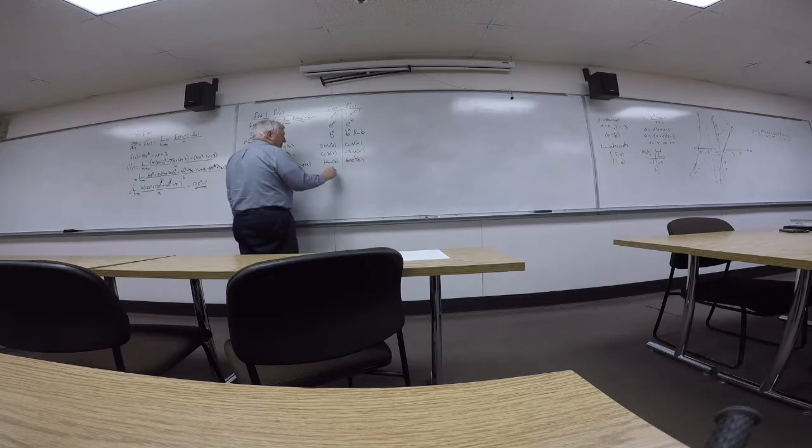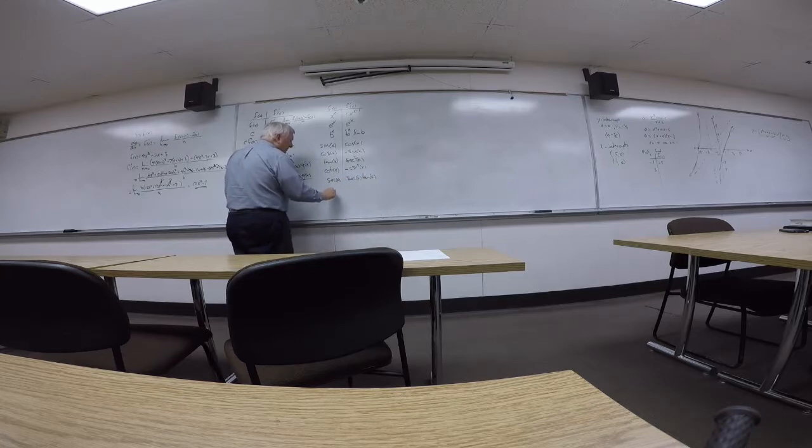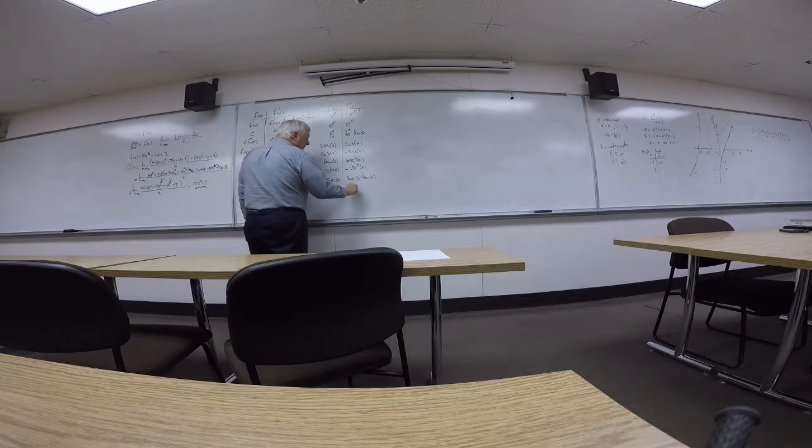The derivative of the cotangent of x is minus the cosecant squared of x. The derivative of the secant of x is the secant of x times the tangent of x. And the derivative of the cosecant of x is minus the cosecant of x times the cotangent of x.